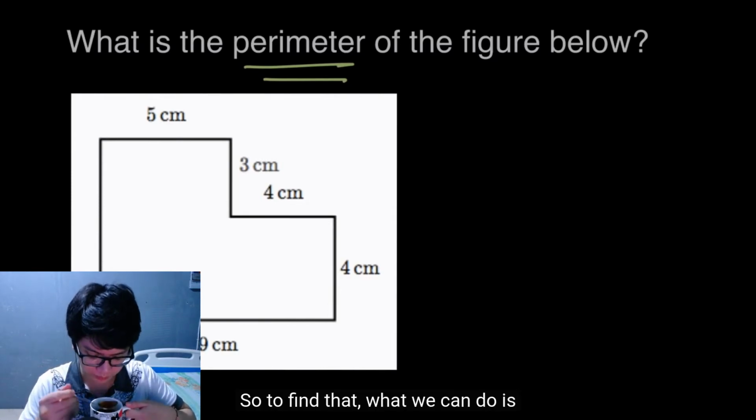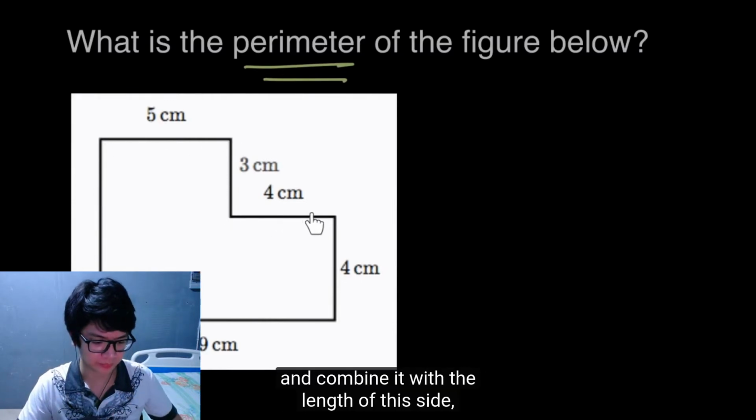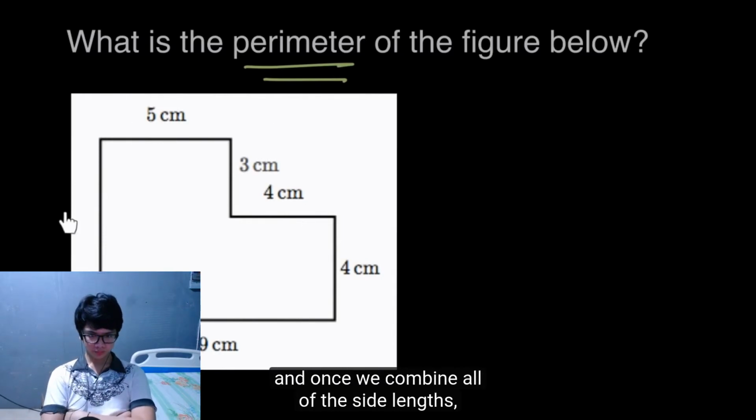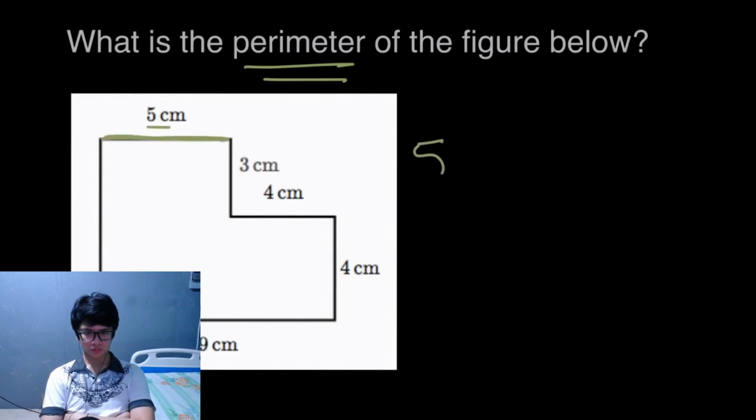So to find that, what we can do is figure out how long is this side, and then combine it with the length of this side, and combine it with the length of this side. And once we combine all of the side lengths, we'll have the perimeter, or the distance around the outside of the figure. So let's start. We can start up here. We can see that this side length is 5 centimeters. So we have 5 centimeters.